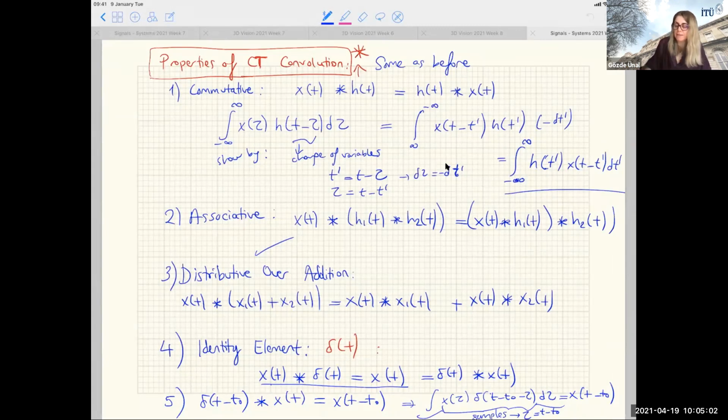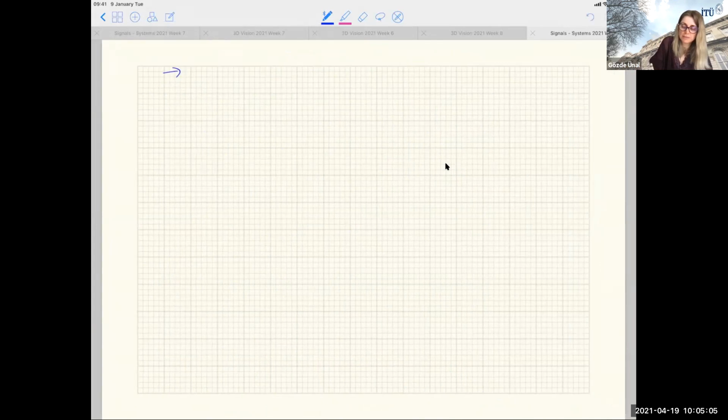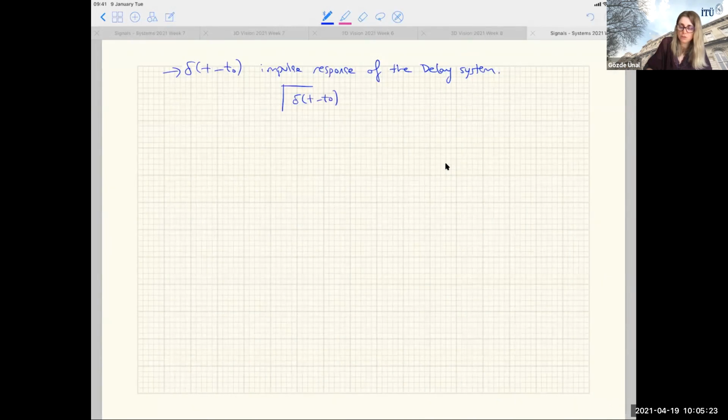Remember, this delta of t minus t0 was the impulse response of the delay system. When x of t goes in the delay system S, x of t minus t0 goes out.